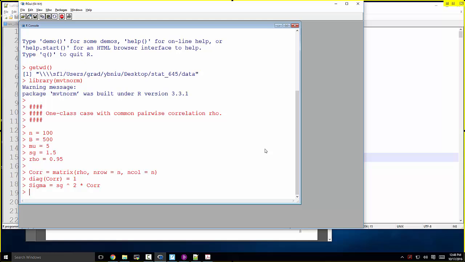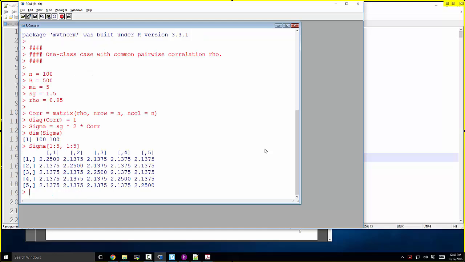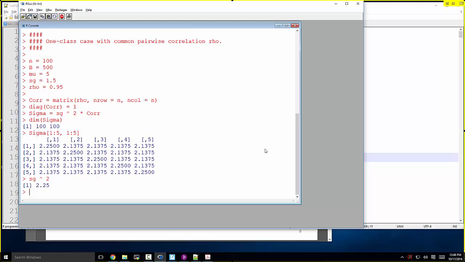So capital sigma is an n by n covariance matrix. I'll show you the first 5 rows and first 5 columns. The diagonal, that 2.25 all along the diagonal, that's sigma squared. That's the variance of each of our realizations. In the off diagonal is 2.1375, and that should be the covariance between any two pairs.